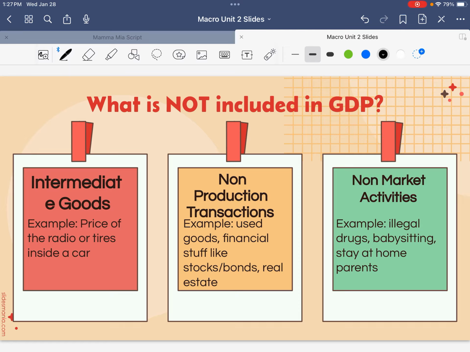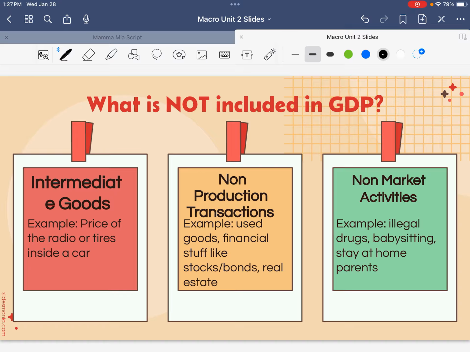So all the financial investment, retirement funds, those things don't count in the GDP. 401ks, Roth IRAs, college savings plans, those don't count in the GDP because nothing really changed hands. It's non-production transaction. And then finally, real estate. Real estate, if it is used, does not count in the GDP. If it's new, it does. And we'll get to what category here in a second.